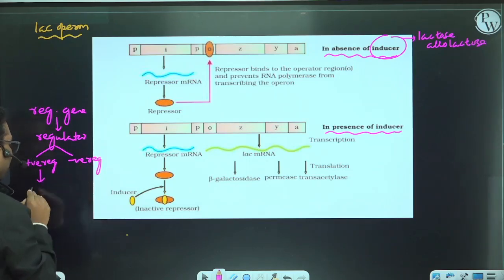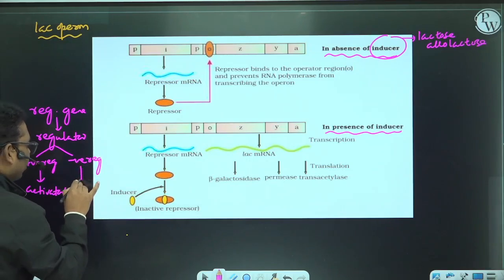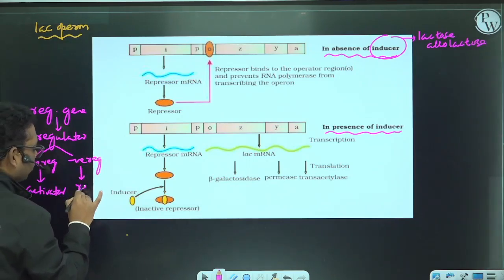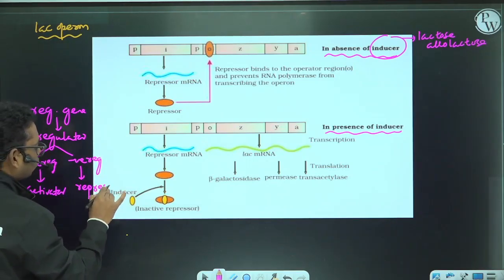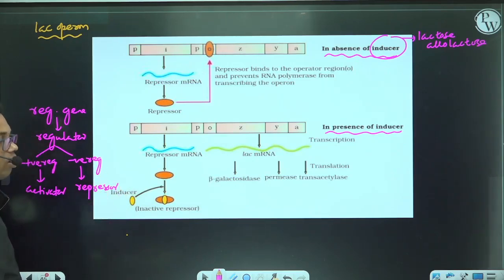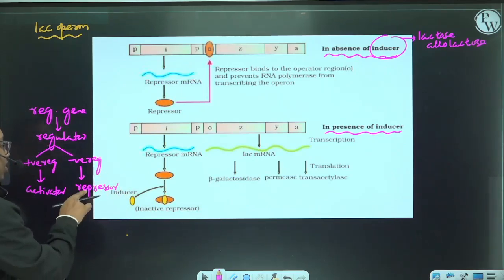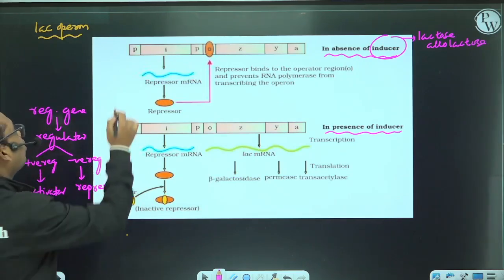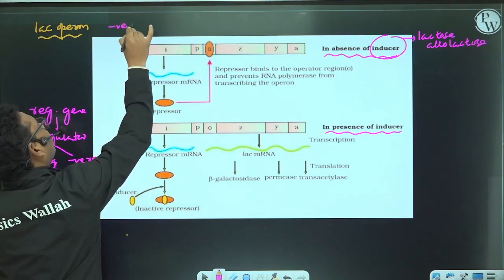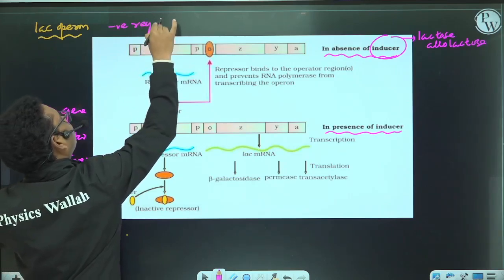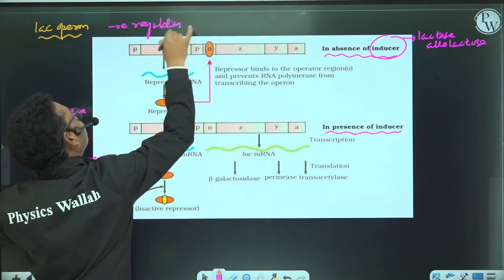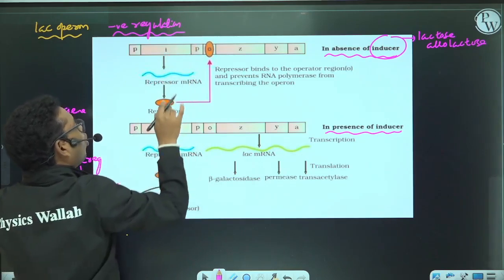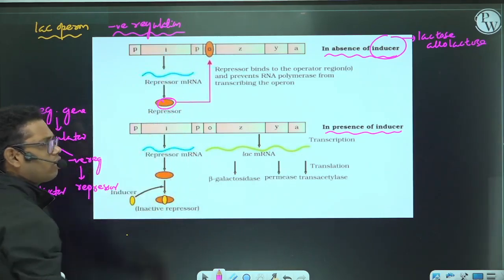The positive regulator is called the activator, and the negative regulator is called the repressor. Repressor causes negative regulation, whereas activator causes positive regulation. So here we are talking about the negative regulation of the lac operon. If it is negative regulation, obviously the regulator protein will be repressor.